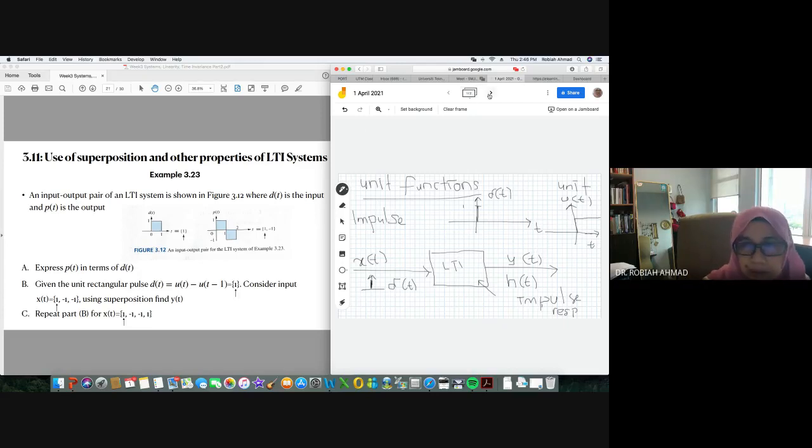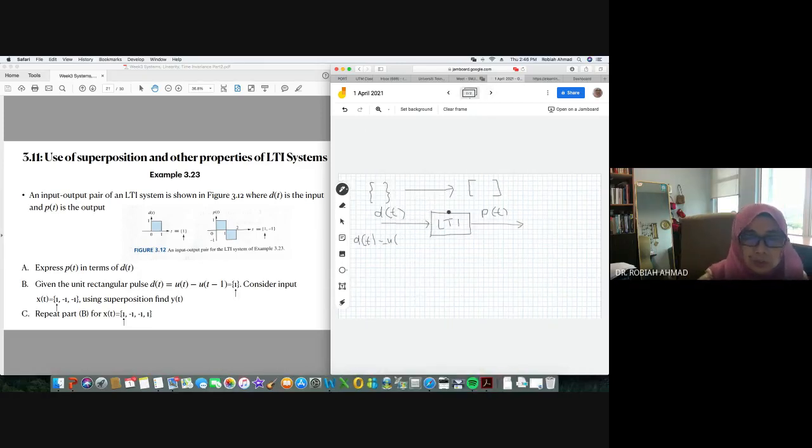Okay, so this is unit. Maknanya ada satu. Okay, so bila kita ada square macam ini ya, remember the time shift and the time reversal. So this is dt.